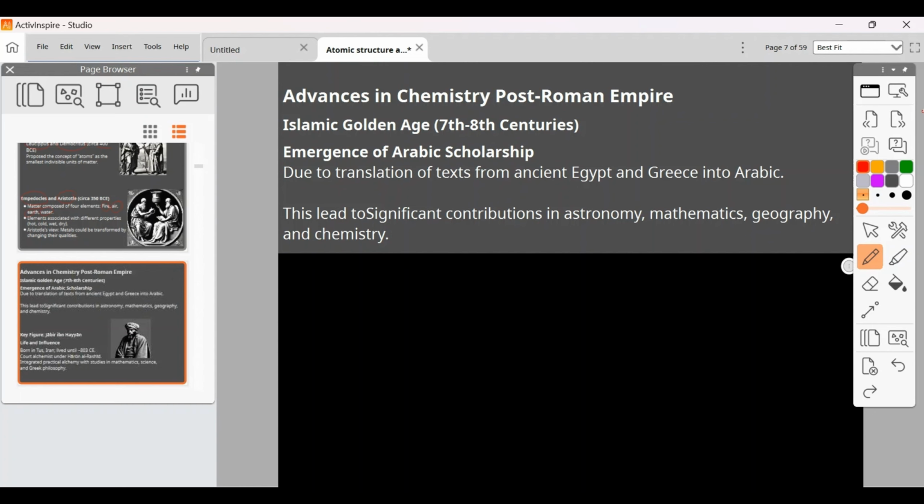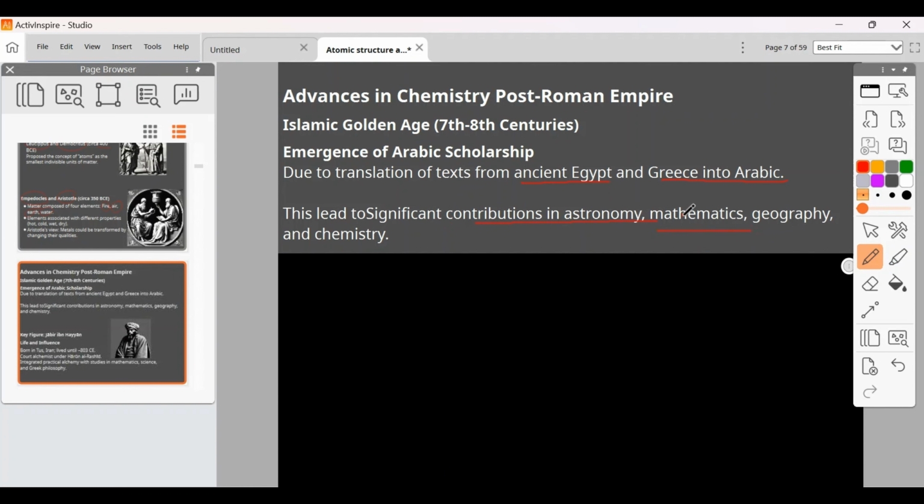Because of the translation of ancient Egyptian and Greek philosophical studies into Arabic. They translated them, and this led to significant contributions in astronomy and mathematics.